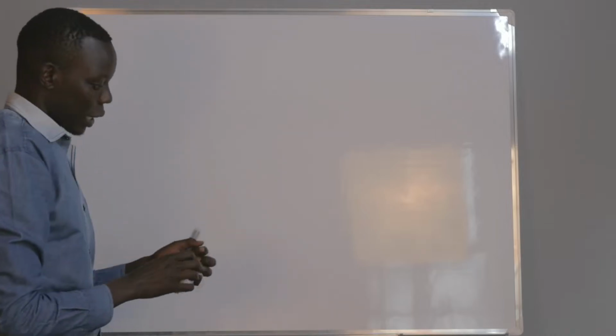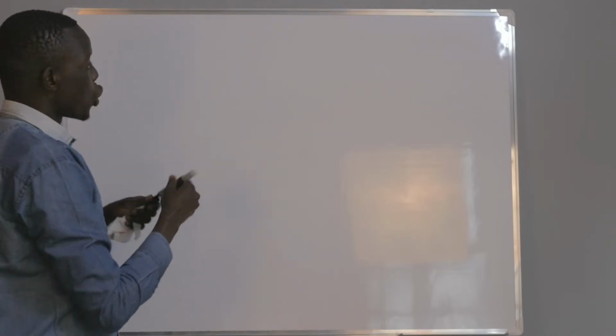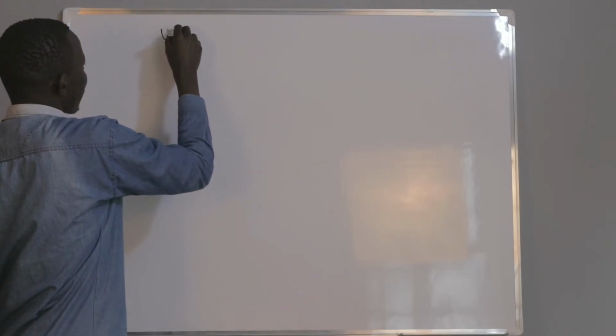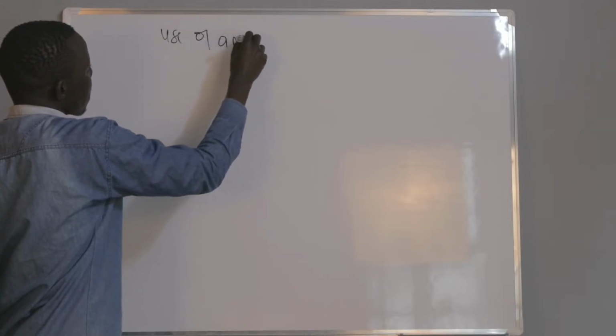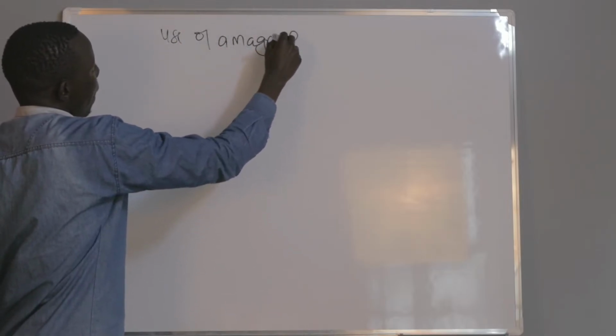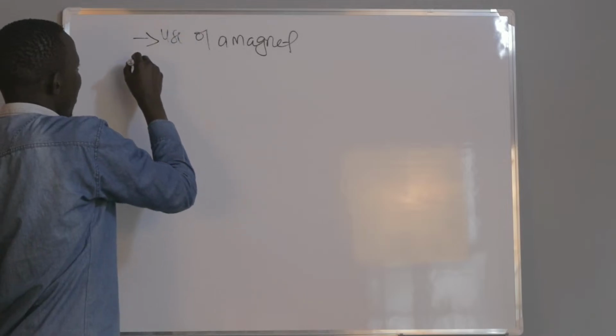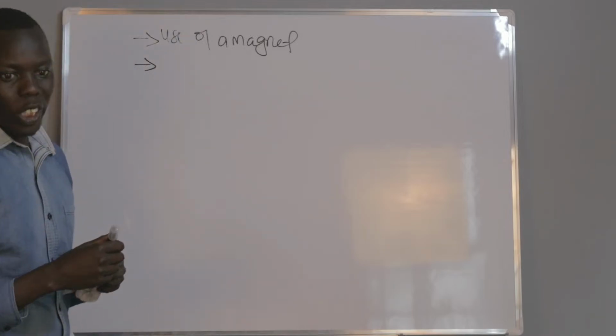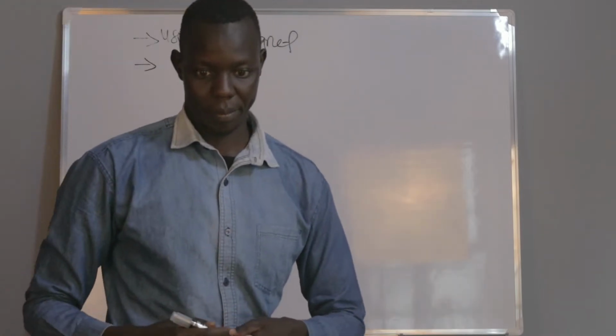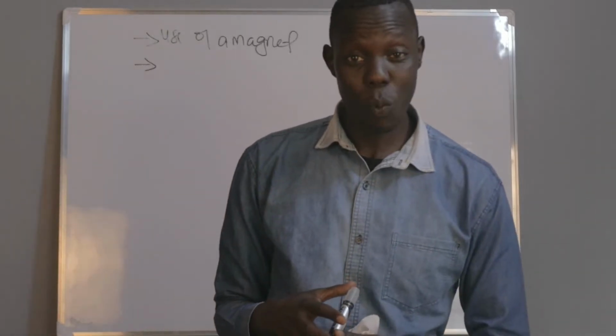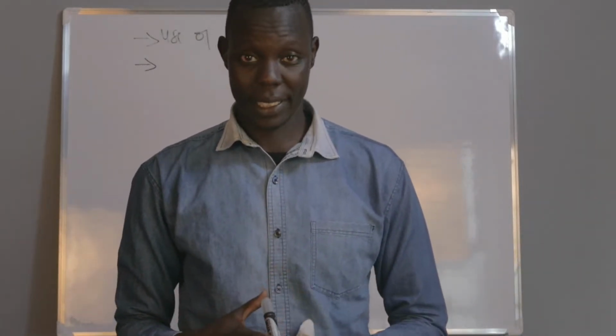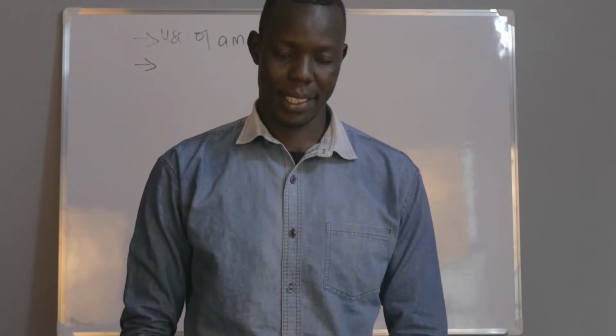So the method number one that I want us to discuss is use of a magnet. At what point do we use a magnet? If one of the components of the mixture is magnetic.